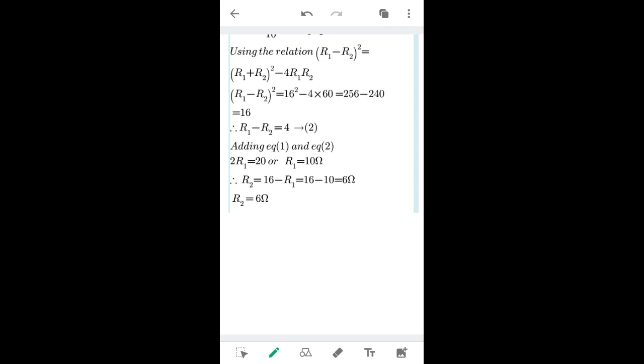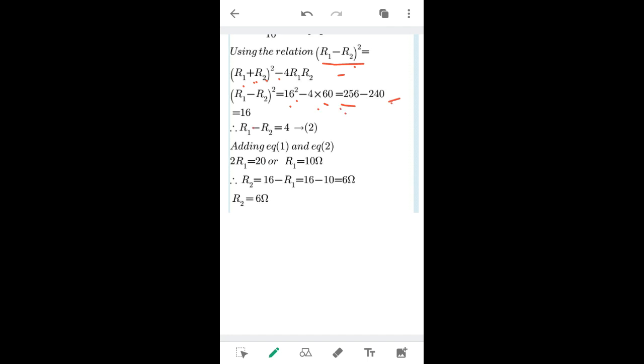Now we will use the relation R1 minus R2 whole square is equal to R1 plus R2 whole square minus 4 R1 R2, because we know the sum and the product of R1 and R2. So R1 minus R2 whole square equal to R1 plus R2, which we got as 16, whole square minus 4 into R1 R2, which we got as 60. 16 into 16 is 256, 4 into 60 is 240.